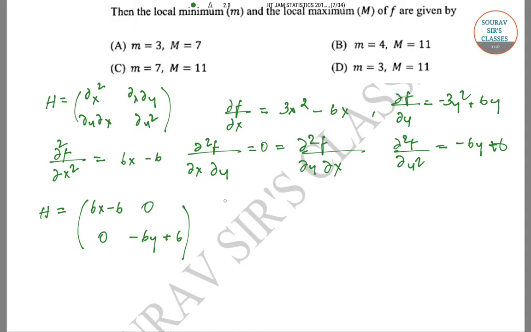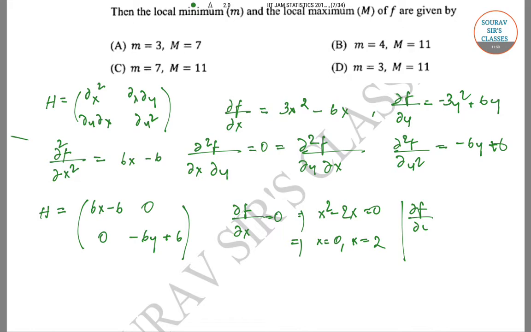Now if dou f dou x is equal to 0, it implies x square minus 2x equal to 0, which implies x equal to 0 or x equal to 2.